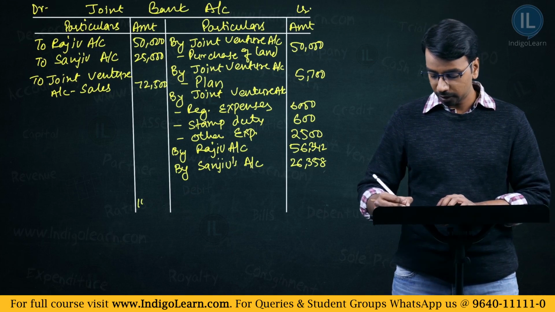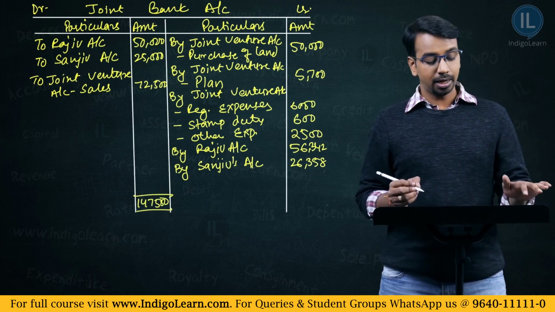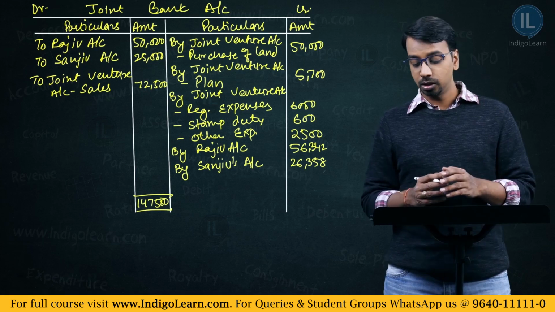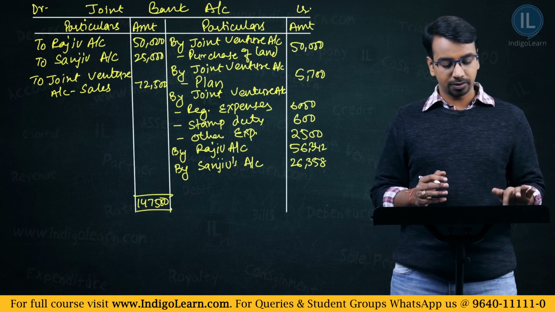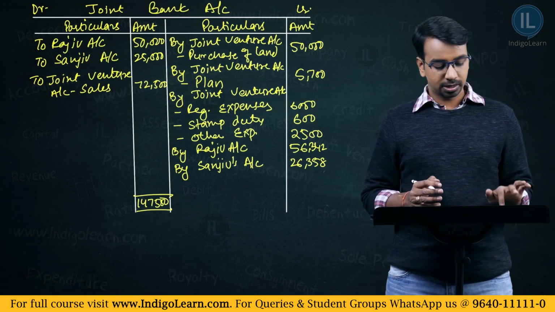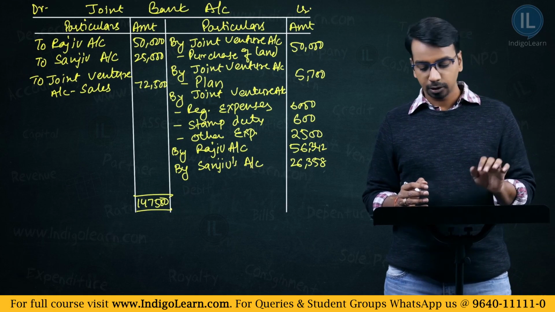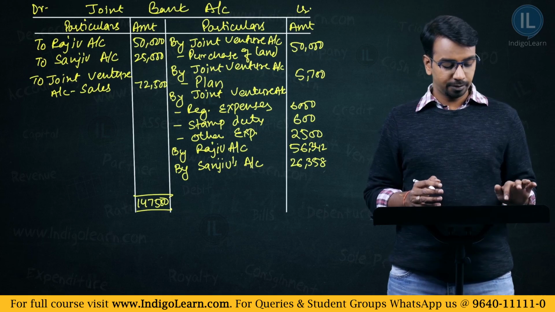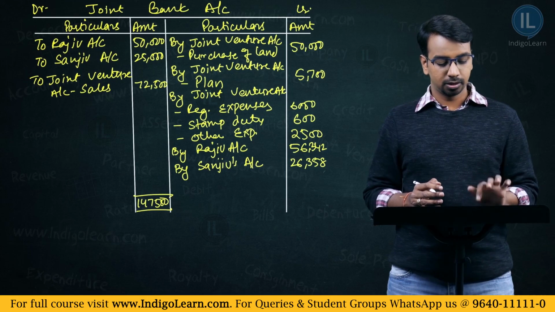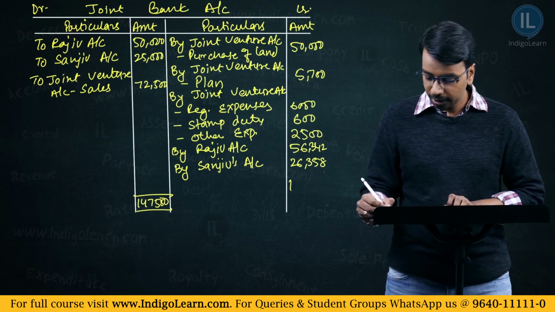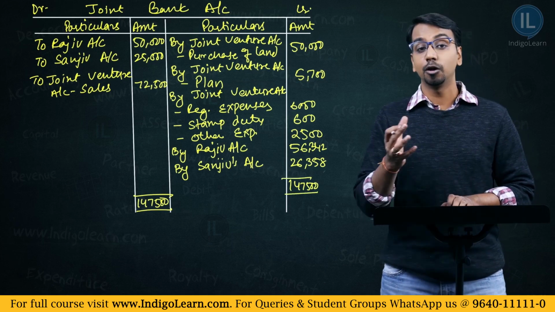So you have 1,47,500 on the debit side, and on the credit side you have 50,000 plus 5,700, which is 55,700. 55,700 plus you have 6,000 plus 600 plus 2,500 plus 56,342 and 26,358. The total comes to 1,47,500. So this balances the bank account.